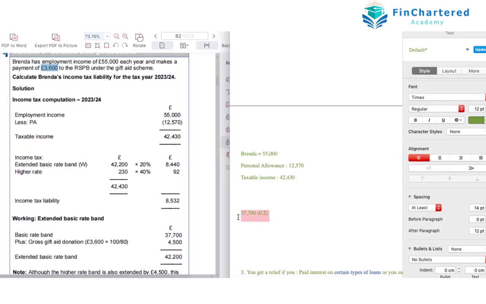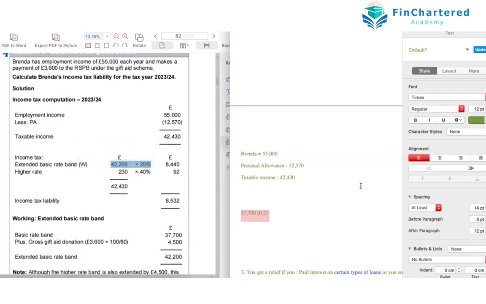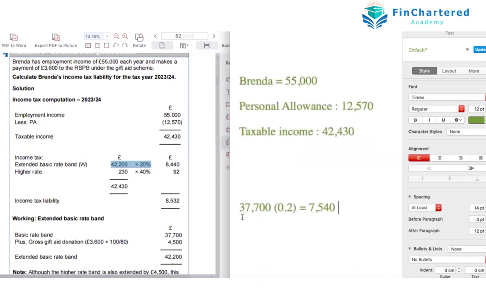Before only 37,700 was taxed at 20%. But now, because you have made this donation, 42,200 will now be taxed at 20%. And that is how the government is giving you a relief. Right? So on the right hand side, you have what you would normally pay.